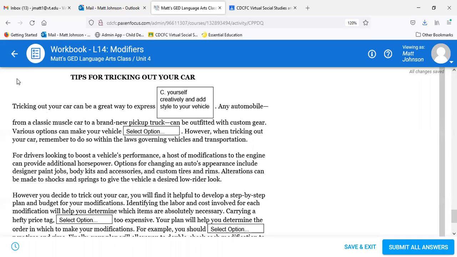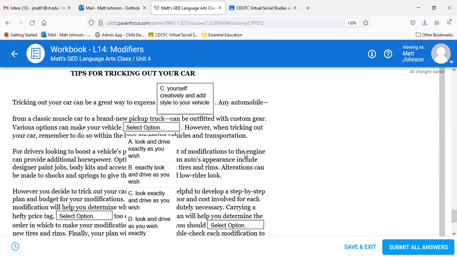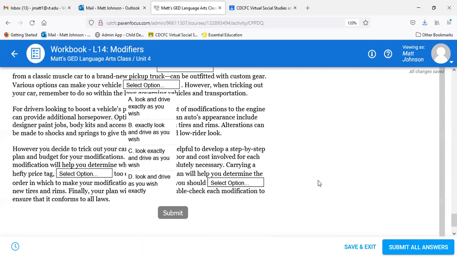Okay. Any automobile from a classic muscle car to a brand new pickup truck can be outfitted with custom gear. Various options can make your vehicle look and drive exactly as you wish, right?